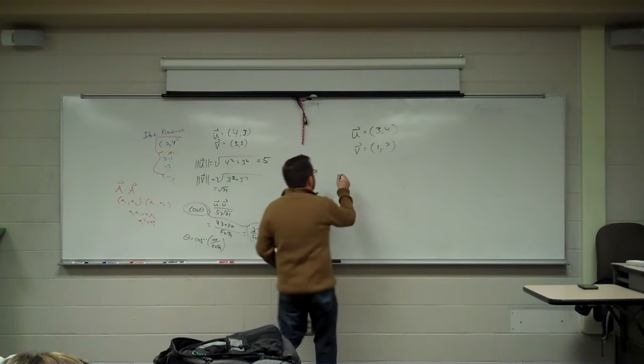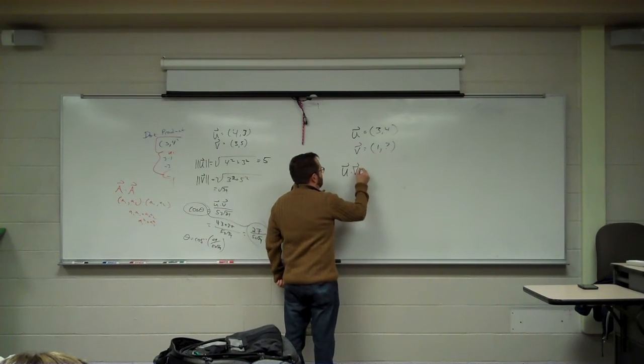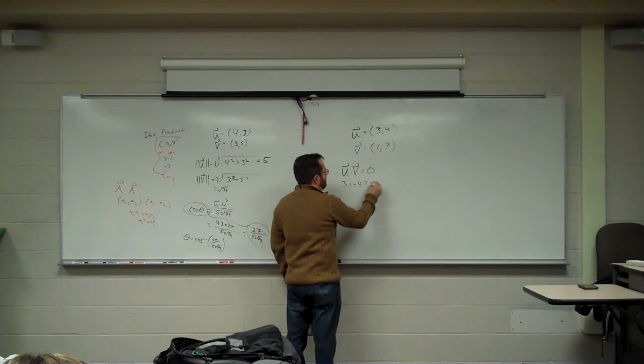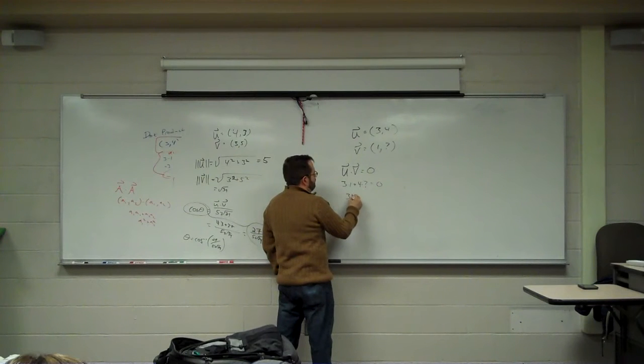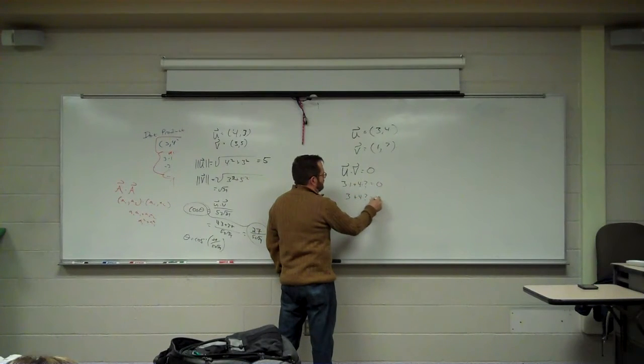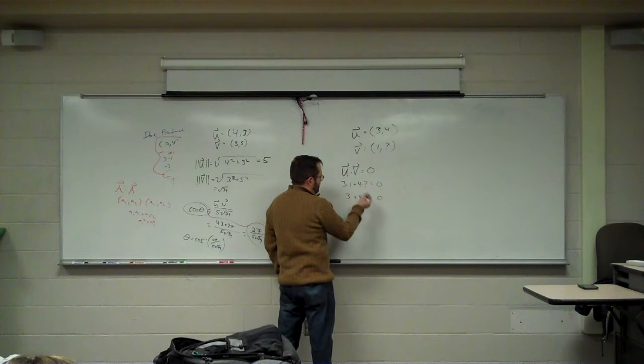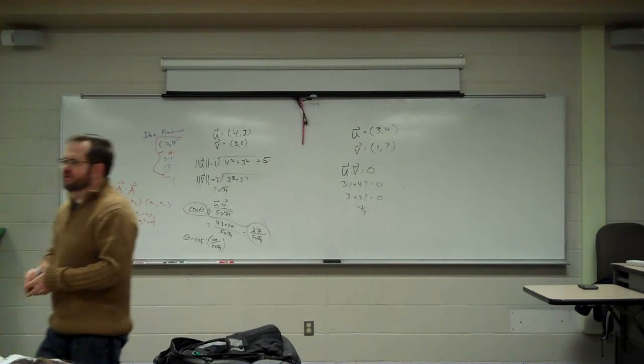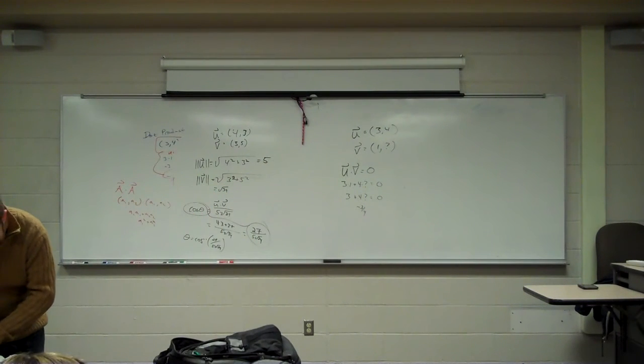Alright, well what you'd want then is for u dot v to be equal to 0. So you want 3 times 1 plus 4 times whatever equals 0. 3 plus 4 times whatever equals 0. Well, you'll do the math and that other number will have to be, what is it, negative 3/4? Okay. Whatever. I mean, they're just throwing you another kind of problem there.